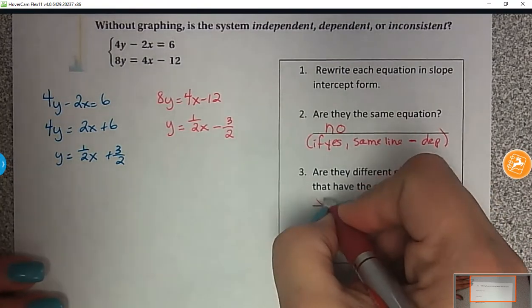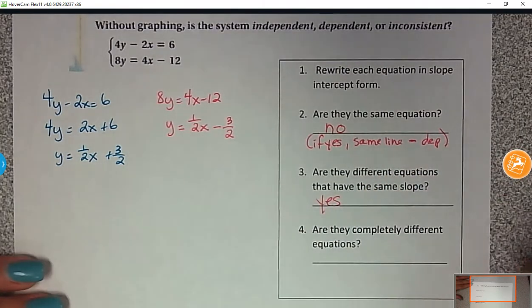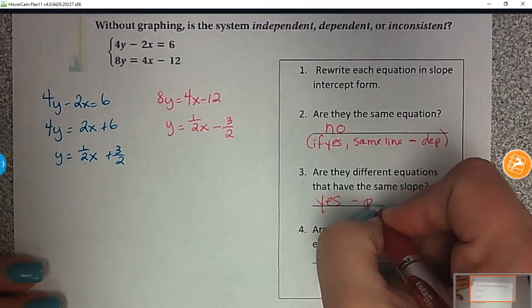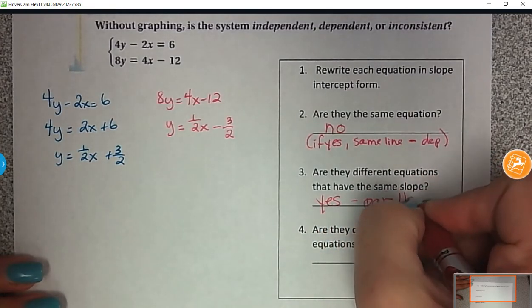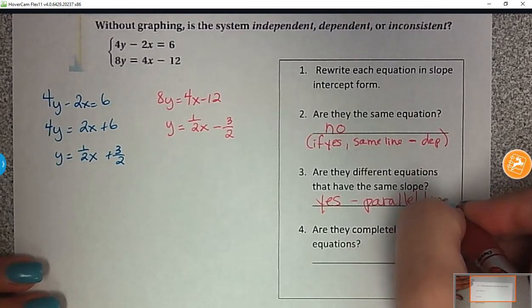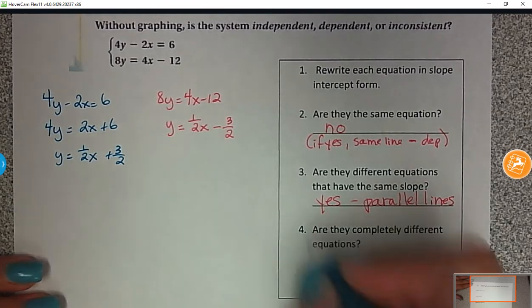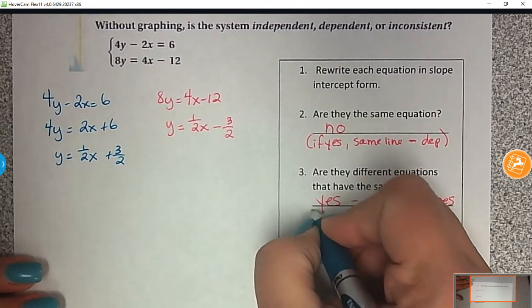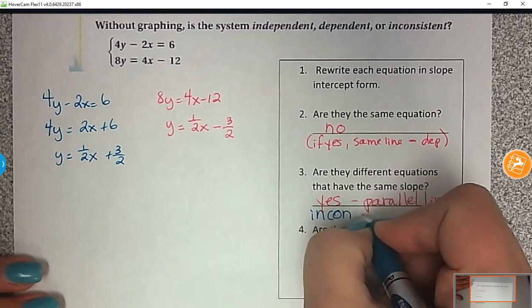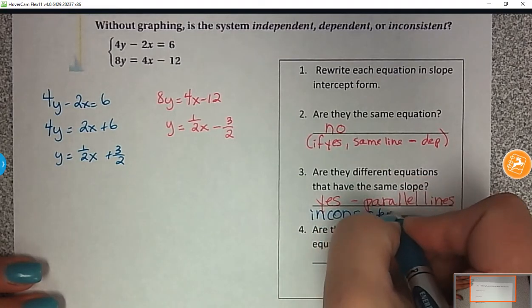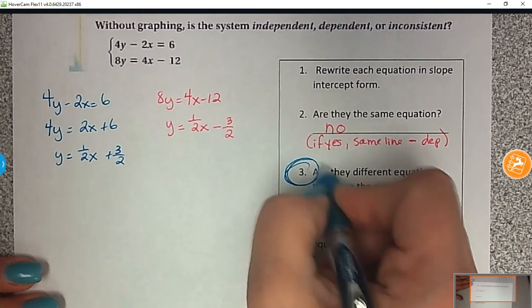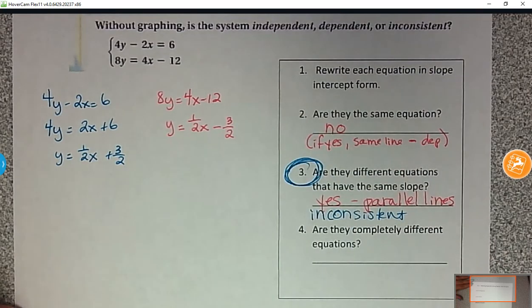So this one is yes. Remember, when they have the same slope, those are parallel lines. If they are parallel lines, and I want to know what type of system it is, that is going to be inconsistent. Okay, so for this pair of equations, that is an inconsistent system.